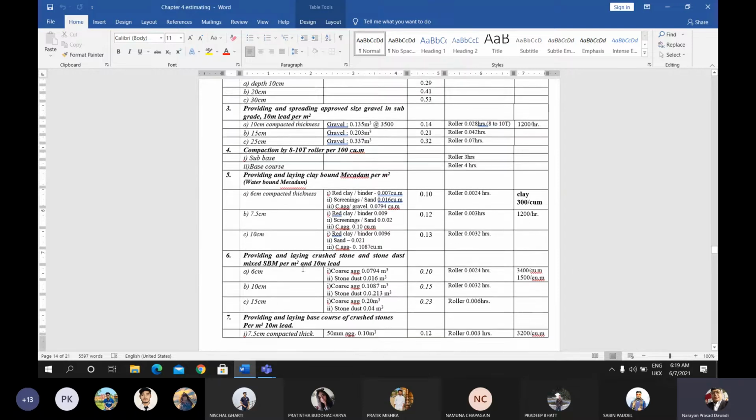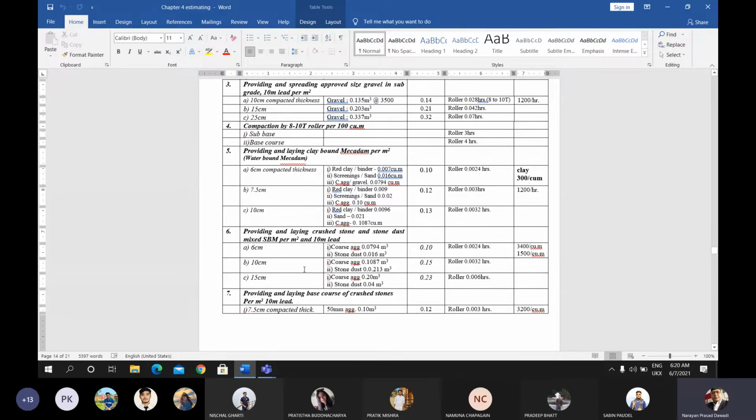Okay. Now for heading number 6, providing and laying crushed stone and stone dust makes stone bound macadam. This is similar to the water bound macadam. In case of the screening, that is coarse sand, and the binding material red clay, we use the stone dust.